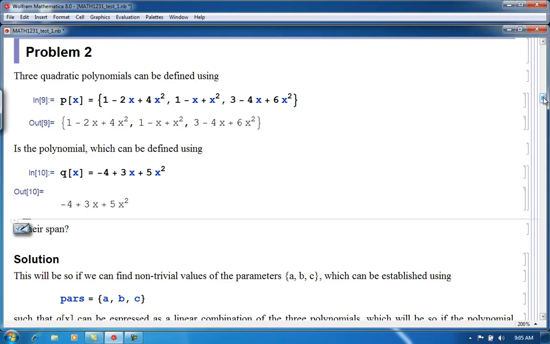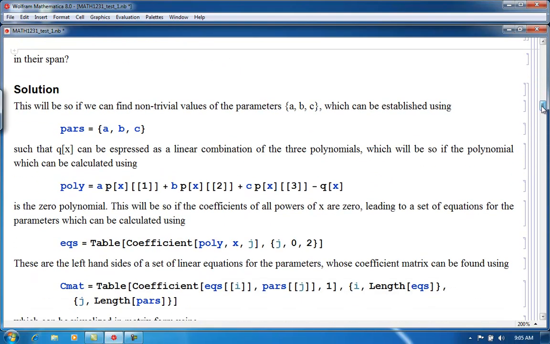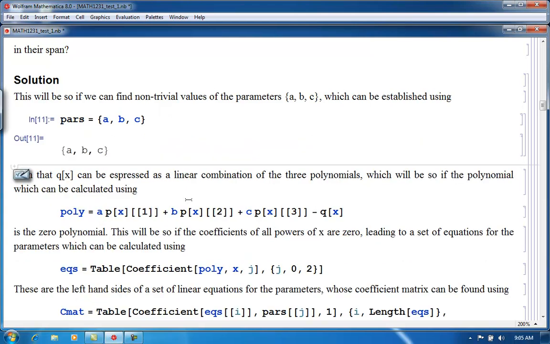If q of x is in their span, then we can find non-trivial values of the parameters a, b, and c, such that the polynomial given by a times the first p plus b times the second one plus c times the third one minus q should be the 0 polynomial.